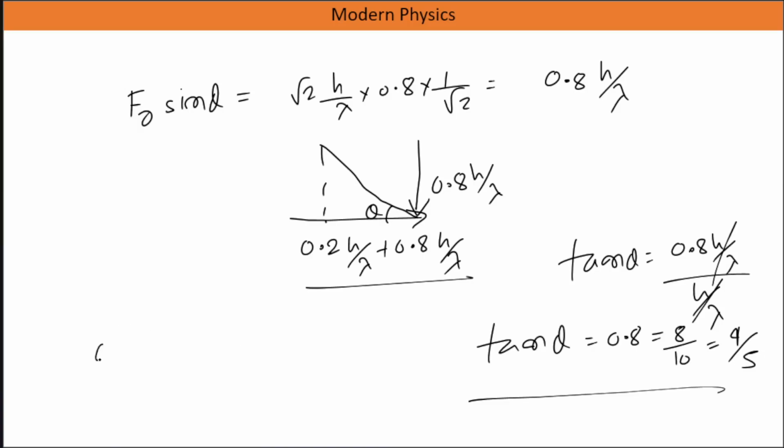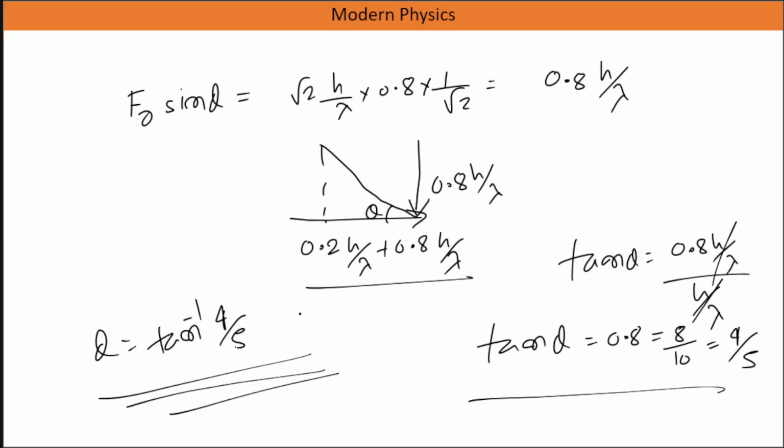So theta is nothing but tan inverse of 4 by 5. Done? And this is sine theta by cos theta, so this is 53 degree, right? So this is your 53 degree. Anyway, that will be provided within your question in the competitive exam, so you don't need to worry about that thing.